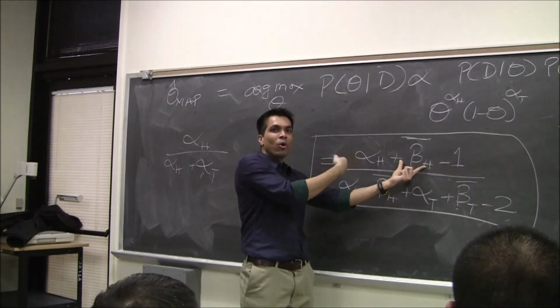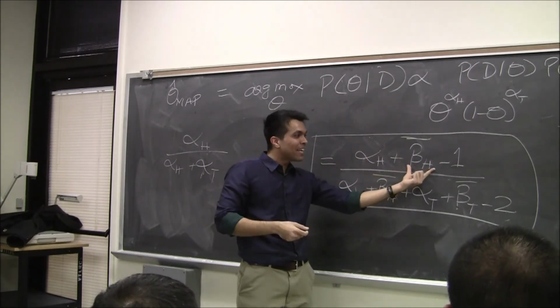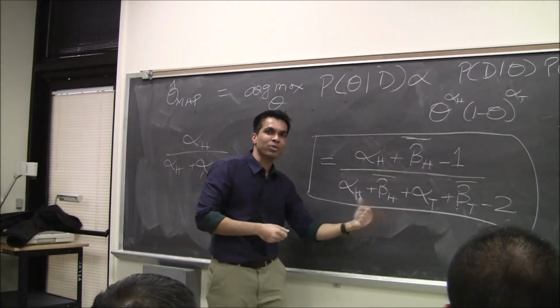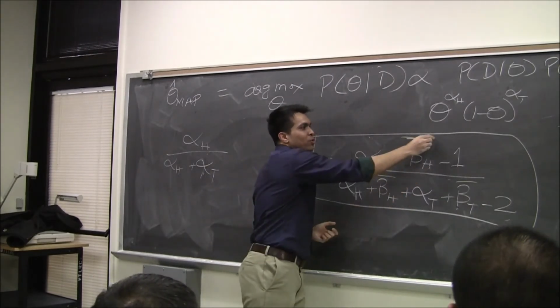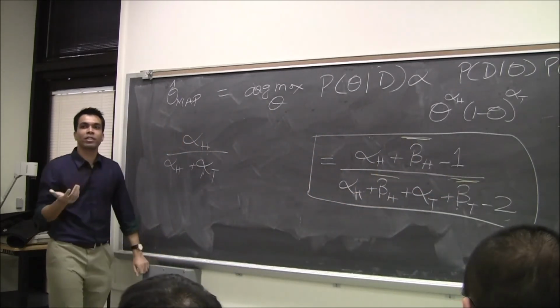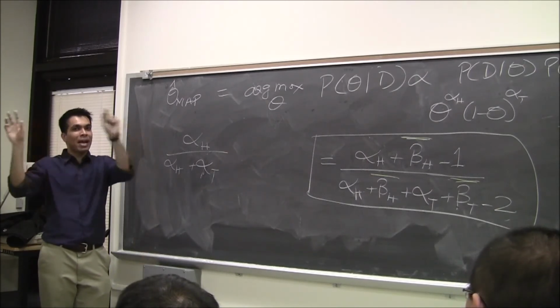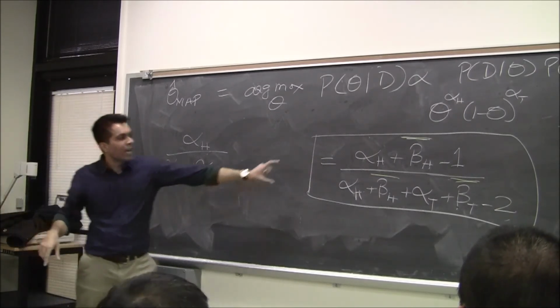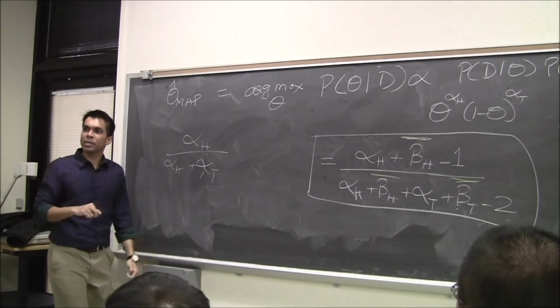You have to keep seeing coins, and it's still zero. It takes you like 10,000 flips before you can actually converge to a uniform distribution. So those are pseudo flips or pseudo counts that your prior is already telling you. There's a nice intuitive interpretation between the parameters that control your prior and the estimator that results with the posterior. That makes sense?